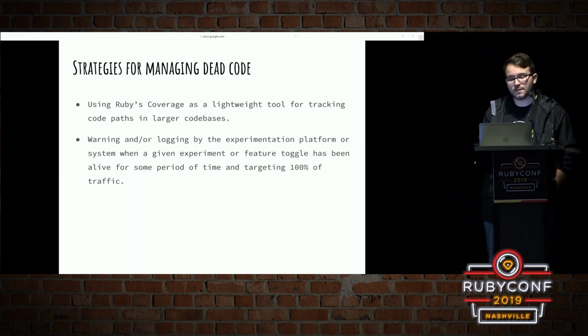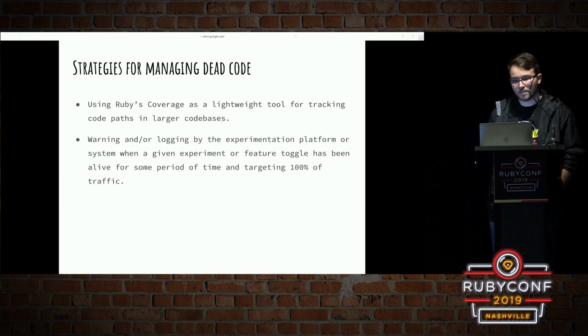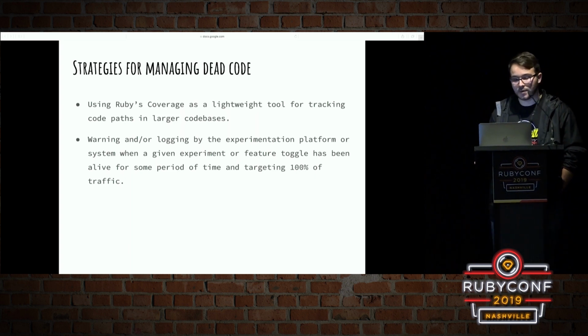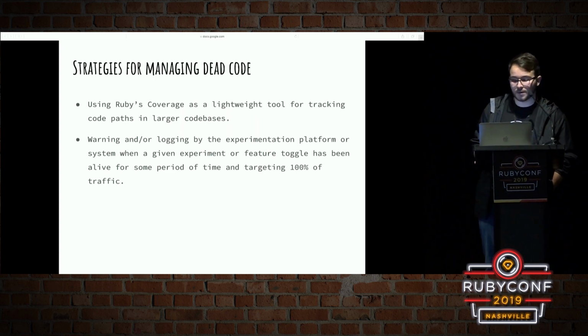If you have a feature flag, feature toggle, or experiment that has been running for a long time at 100% of traffic, then it's likely that the old variation in your code base is no longer needed and is probably dead code. Some experimentation platforms give this to you. If you're using your own lightweight implementation, you could build this into whatever you are using.